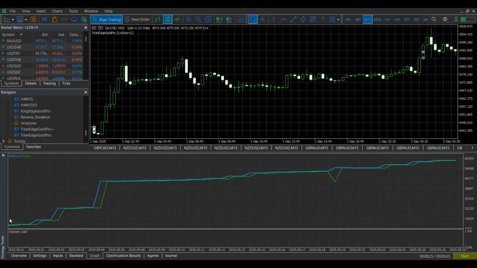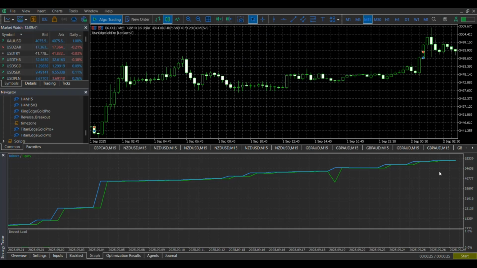At the start of the month, the balance was 10k, only 10k, and as you can see, by the 5th of September the balance went to 44k.